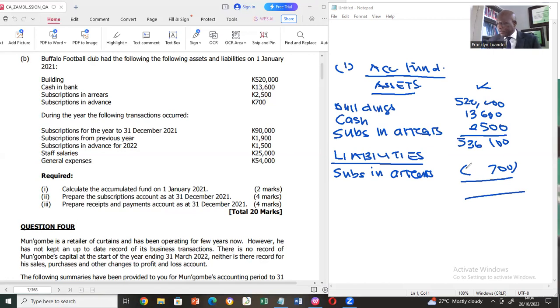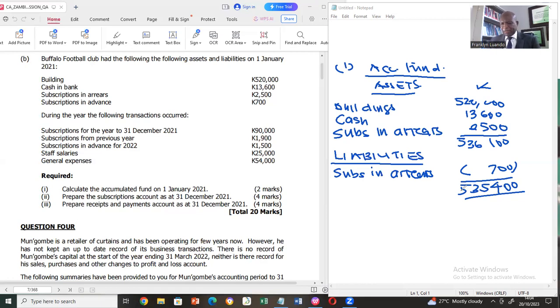The accumulated fund at 1 January 2021 is equal to 535,400. So we have calculated the accumulated fund.